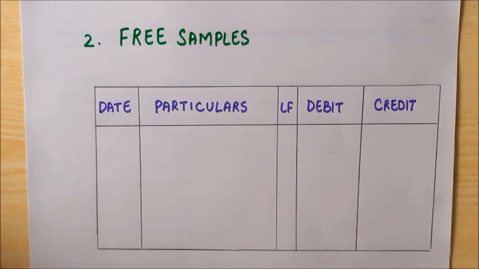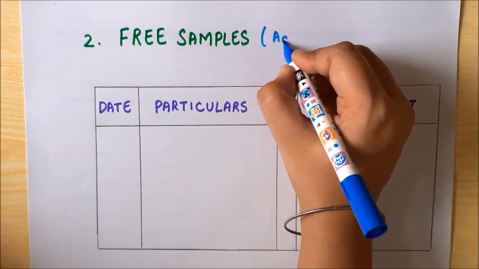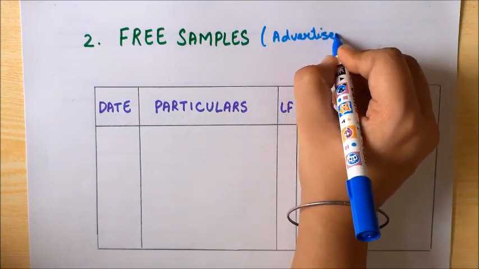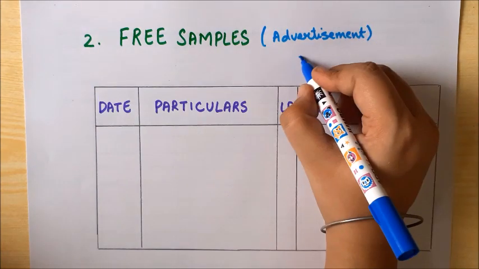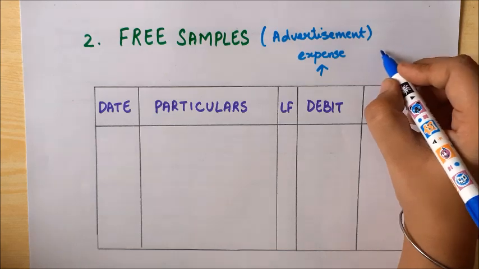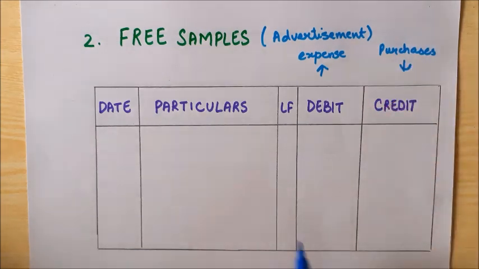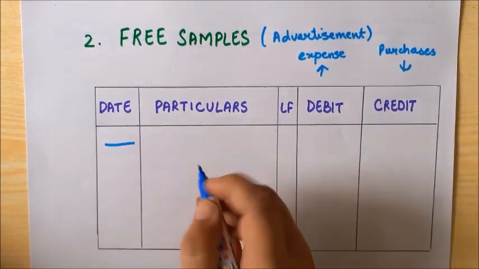The second important transaction or entry is free samples. It is an advertisement for the company. So your expenses are increasing, you will debit it. Here again, you're not selling the goods, so you will credit the purchases.